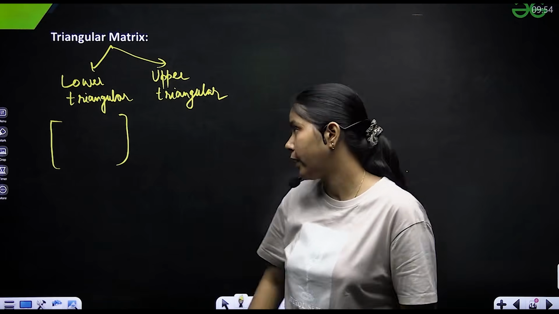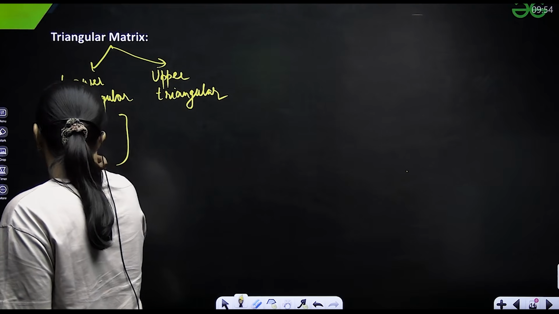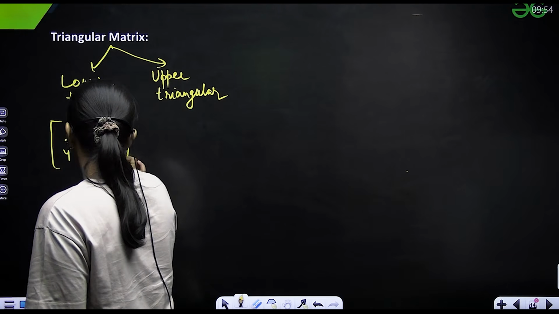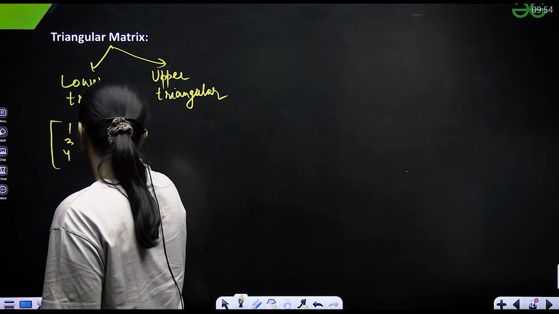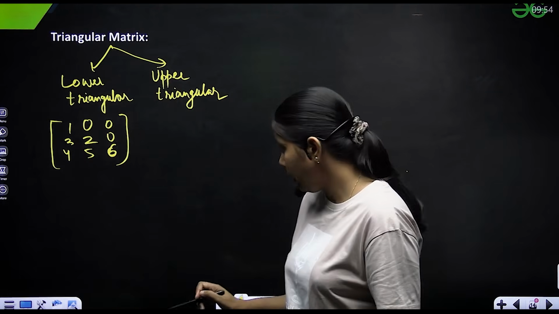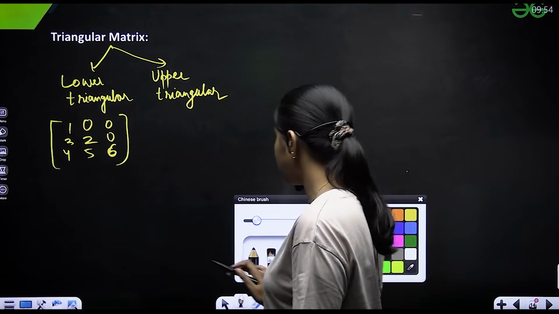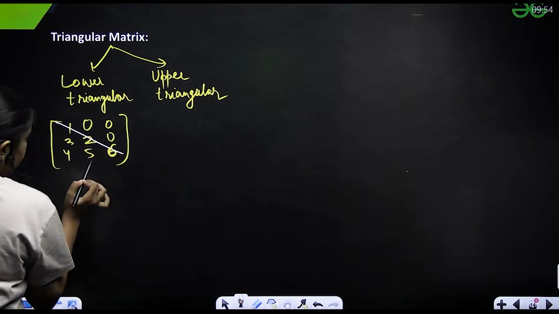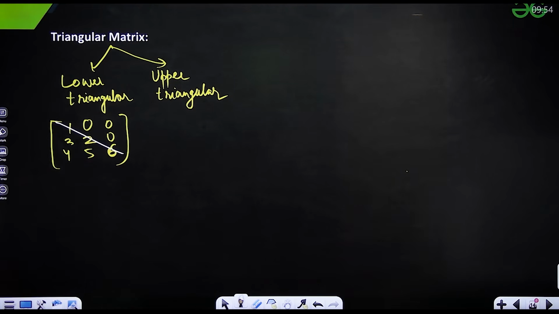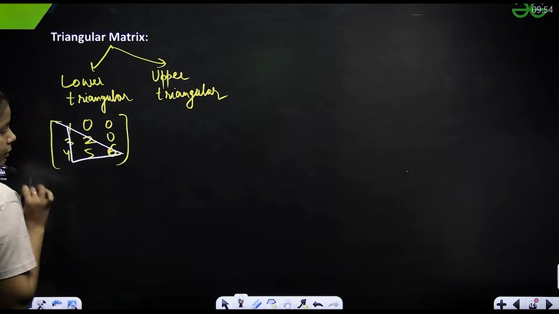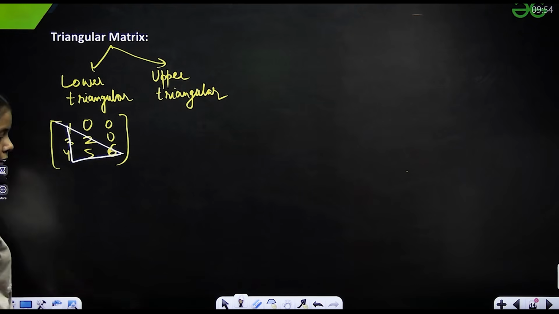Let's say I am writing this. So you can see that the elements above the diagonal are 0. That's why it is my lower triangular matrix, because we are getting a lower triangle.